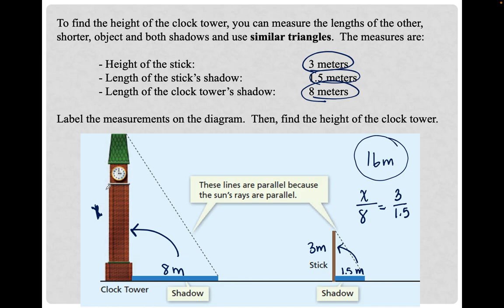You can look at the height versus the shadow and the height versus the shadow. Or you can compare the height of the clock tower to the height of the stick, so that's X over 3, and then you can compare the two shadows, which is 8 and 1.5. These will give you the same answers, although we are comparing slightly differently. You can set them up either way.